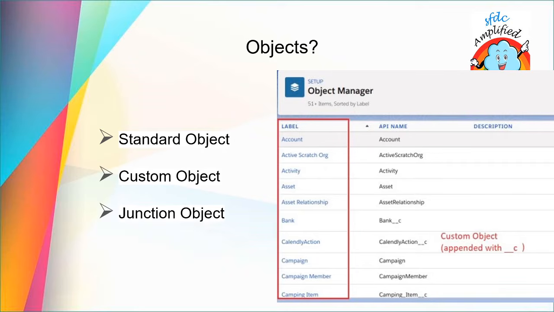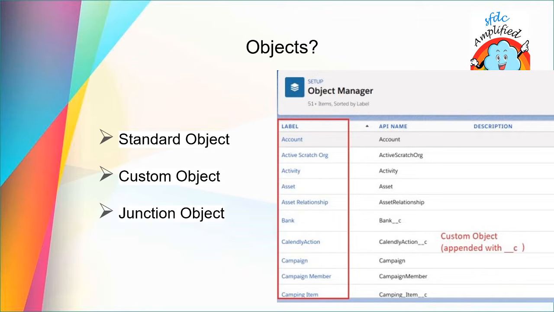Basically, in Salesforce we have three types of objects. On the right, if you can see the image, those are a few example objects, and you can see the second column in the image which says API name. In that you can see some objects which are appended with __c at the end.